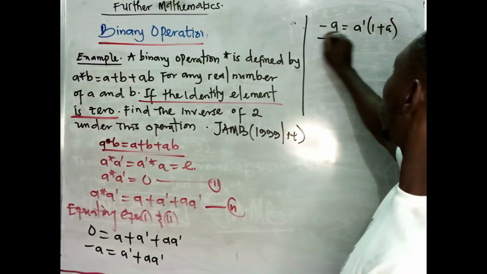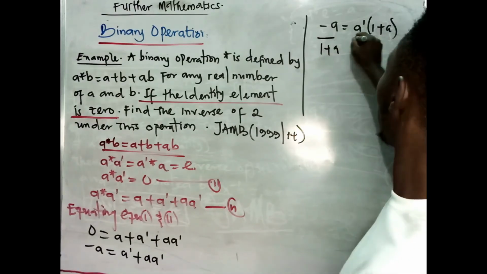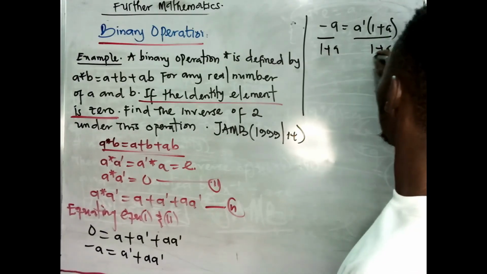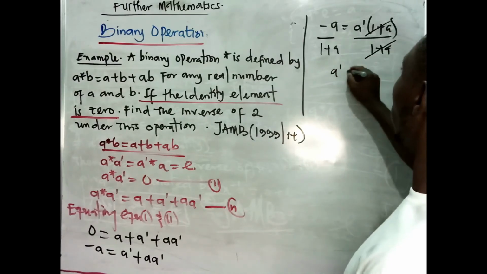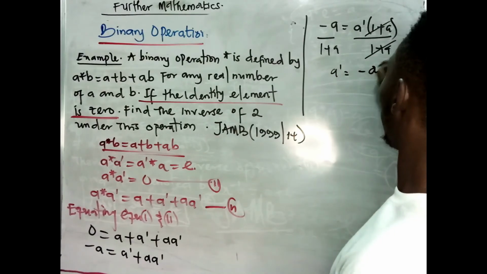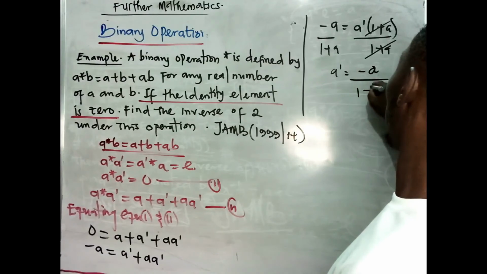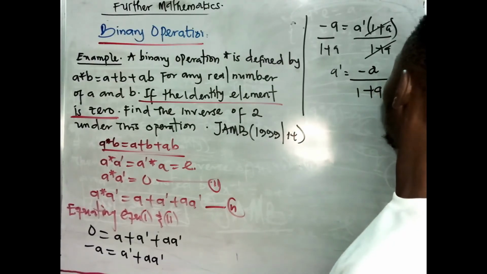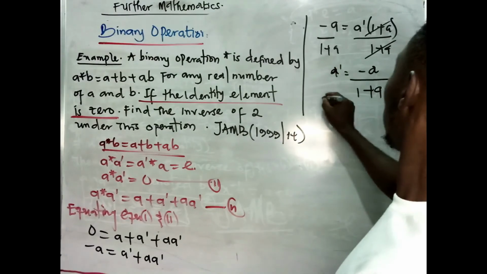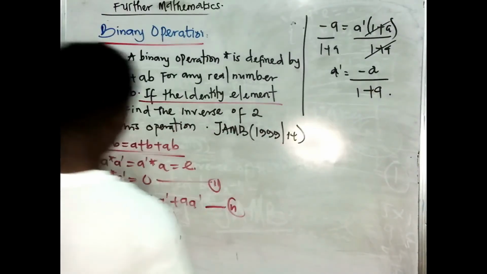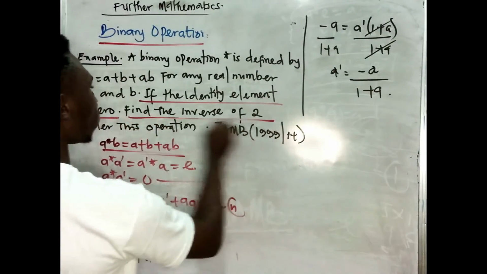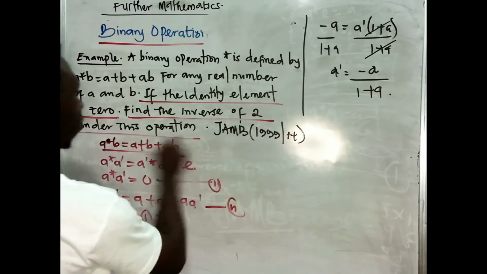So what am I going to do? Divide both sides by 1 plus a. So 1 plus a cancels 1 plus a, and a inverse is equal to minus a over 1 plus a. This is not where the question ends, because the question wants us further to find the inverse of 2 under this operation.